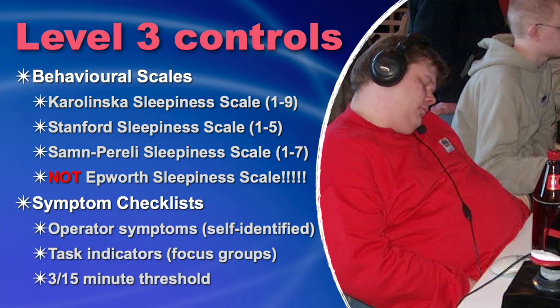These are typically psychological instruments or scales that have been used and developed, and they have good psychometric properties, and most importantly, they're free. The second categories are what we call symptom checklists, and these are checklists of symptoms or behavioural changes in the way somebody performs a task, typically through either self or peer identification, and we'll talk about those a little bit later.